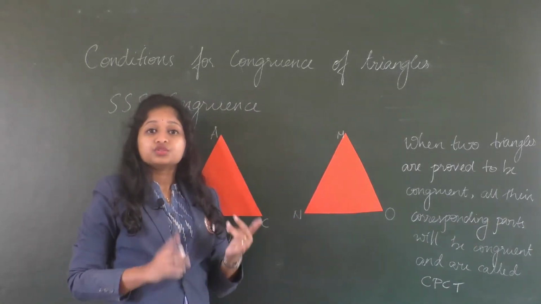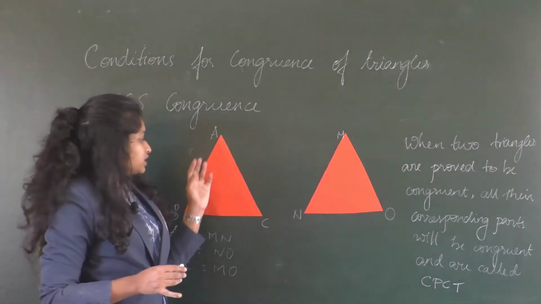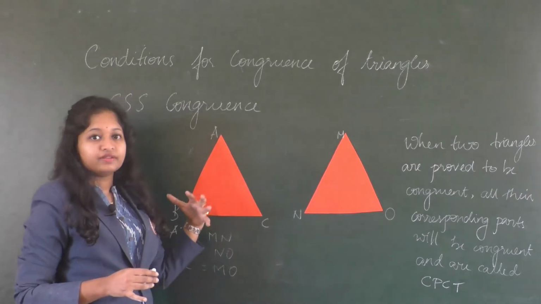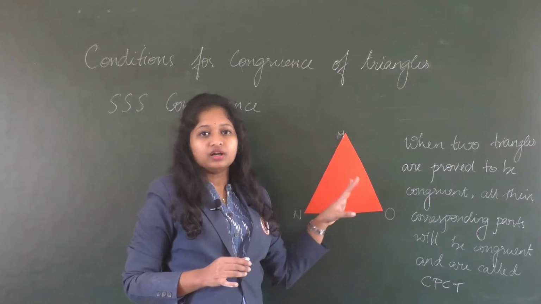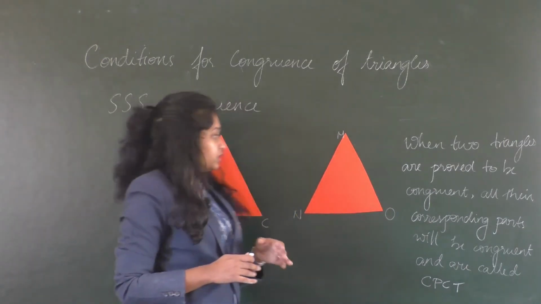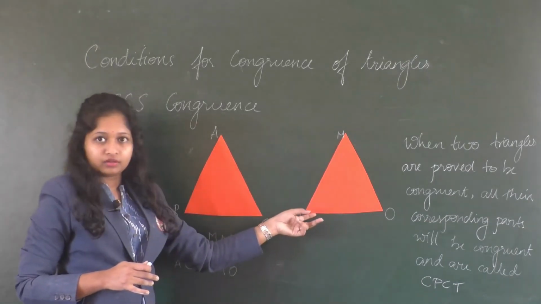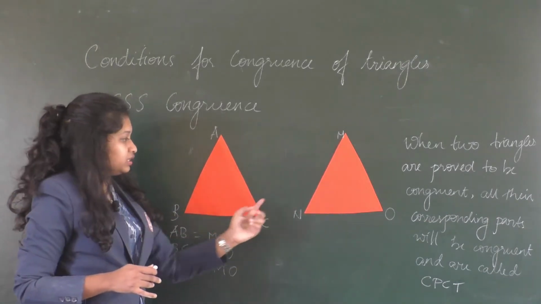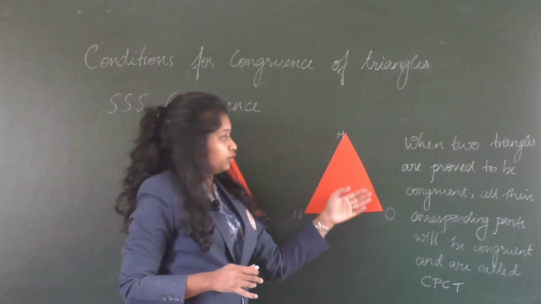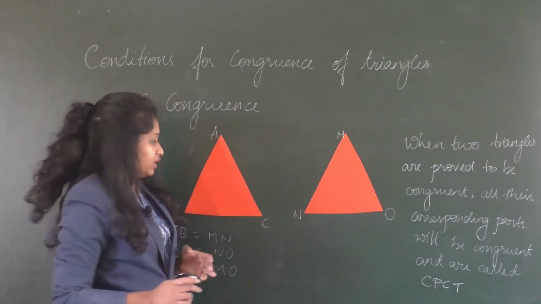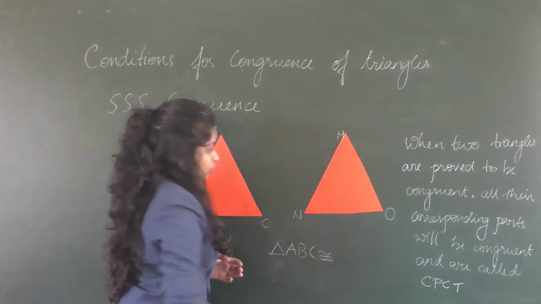That means two triangles are said to be congruent when the three sides of this triangle and the corresponding three sides of the next triangle are equal. That means if AB is equal to MN and BC is equal to NO and AC is equal to MO, then we can tell that triangle ABC is congruent to triangle MNO.